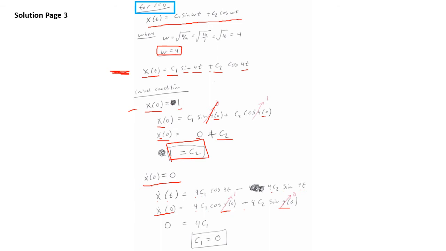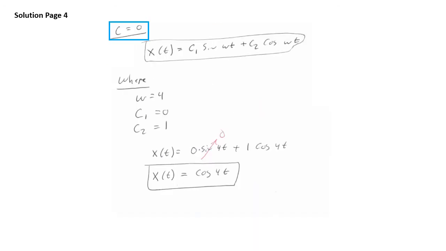So again now sine of 0 goes to 0. Cosine of 0 goes to 1 over here. So we're left with 4c1 on the right side of the equation. On the left side, x dot of 0 is our initial condition of 0. So 0 is equal to 4c1, or c1 is equal to 0. So now I have values for c1 and c2. c1 is 0, c2 is 1.